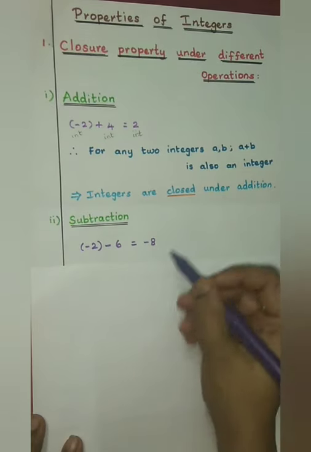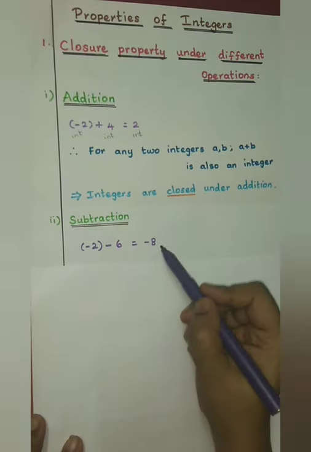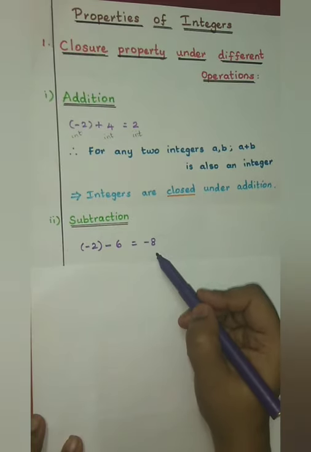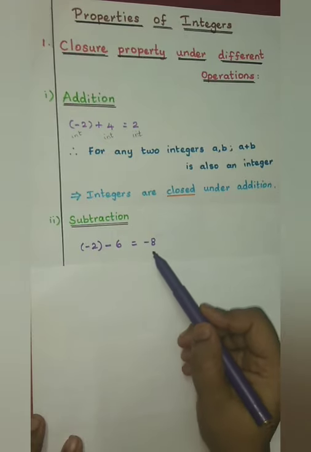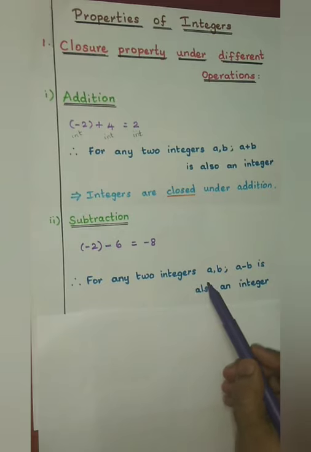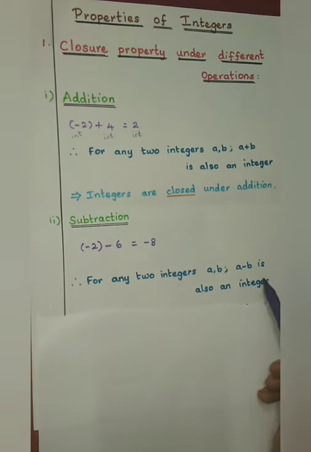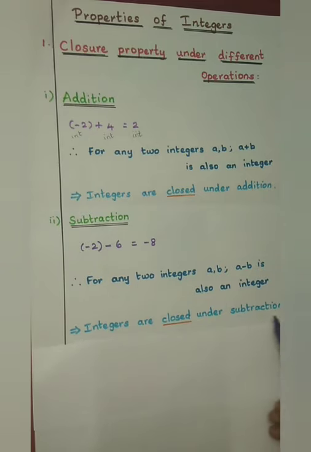Minus 8. What about minus 8? Is it an integer? Yes. Minus 8 is also an integer. So, the difference of integers is an integer. Therefore, for any two integers a, b, a minus b is also an integer, which implies integers are closed under subtraction.